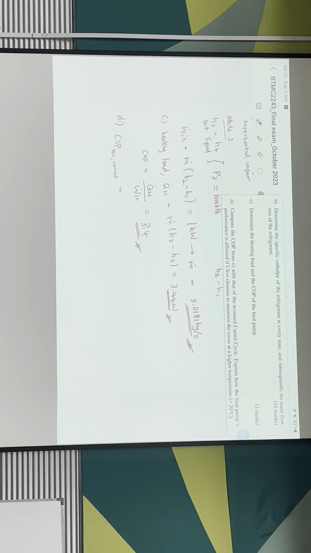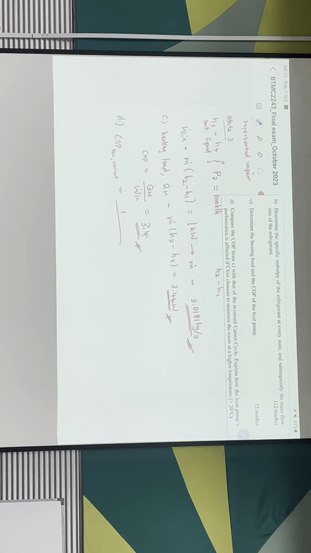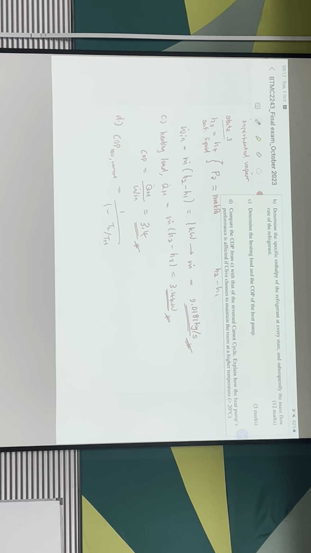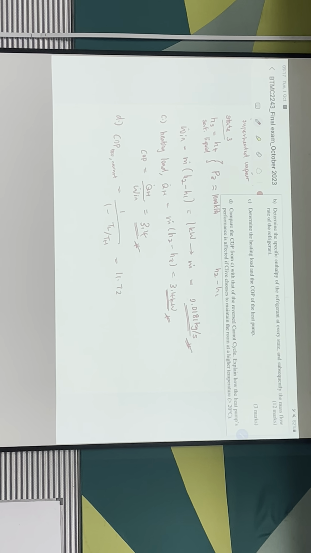For a heat pump, this will be 1 over 1 minus TL over TH. Once again, remember to convert the temperature to Kelvin. Don't use degrees Celsius for the calculation. So if you calculate this, you will get about this value.